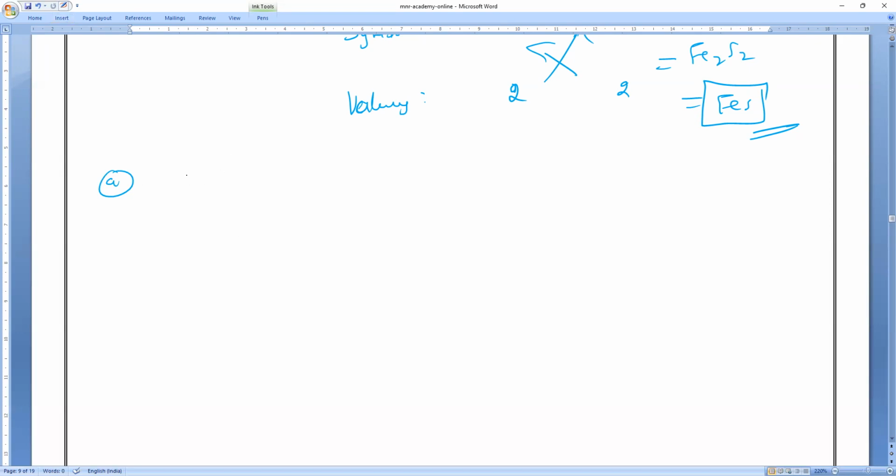Question number 1, calcium and fluorine. Don't try to say it now. After the class, you can solve it and send it in the group itself, and let others also know. Second, hydrogen and sulfur. You should name the compound also. What is the name of the compound? Next, nitrogen and hydrogen.